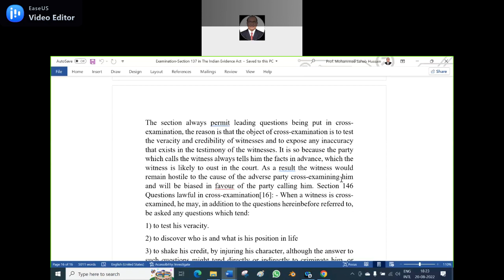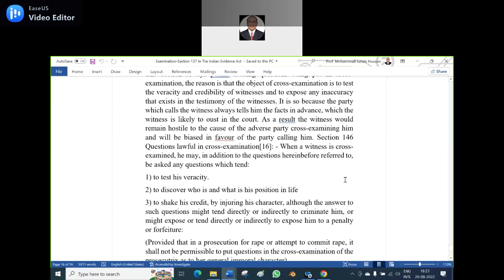So section 146, questions lawful in cross-examination. When a witness is cross-examined, he may, in addition to the questions hereinbefore referred to, be asked any question which tends to test his veracity. Why does he want to do so? He wants to see the accuracy. Veracity means truthfulness.